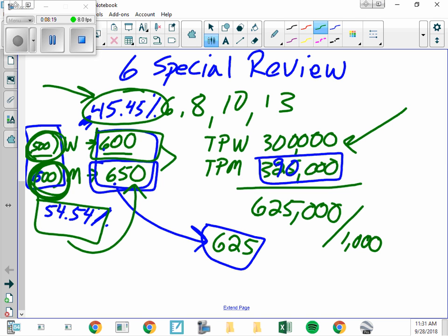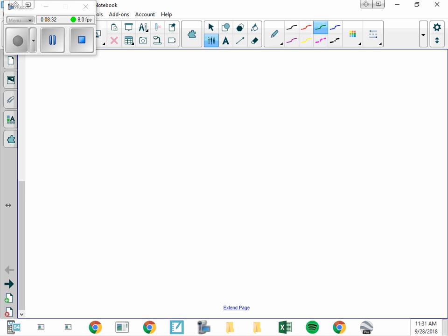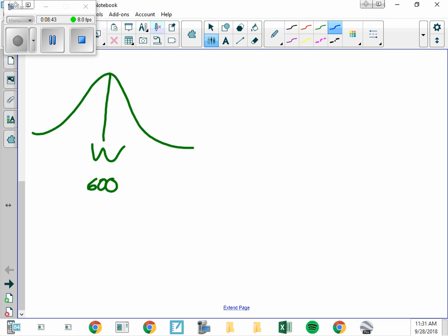For men and women together, was the SD of the math scores less than 125, just about 125, or more than 125? Okay, I'm hearing all three answers. So the women look like this, with an average of 600. What does the men graph look like?